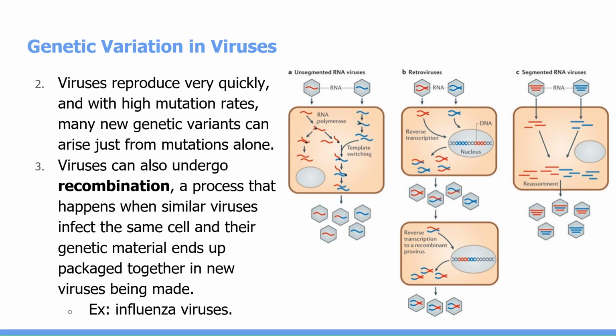The last reason, again, is that viruses can also undergo recombination, a process that happens when similar viruses infect the same cell and their genetic material ends up packaged together, making a new virus. And this, again, is usually the basis for the influenza virus, the flu, right? Again, many different strains because of this process of recombination.